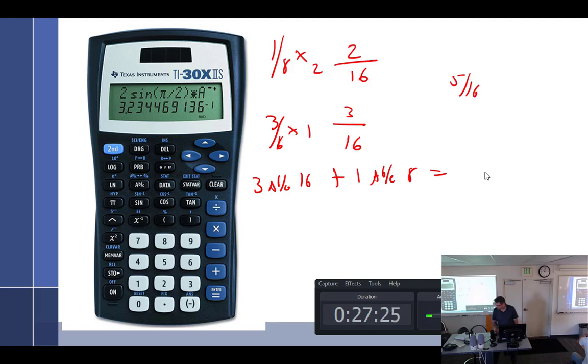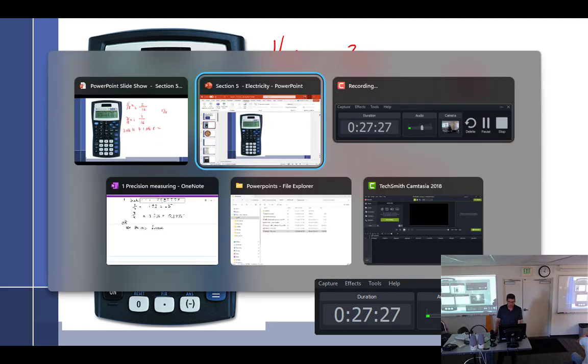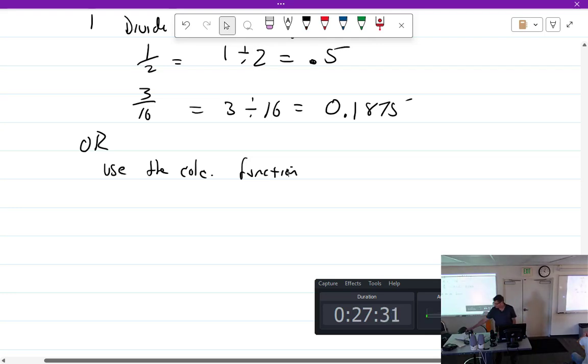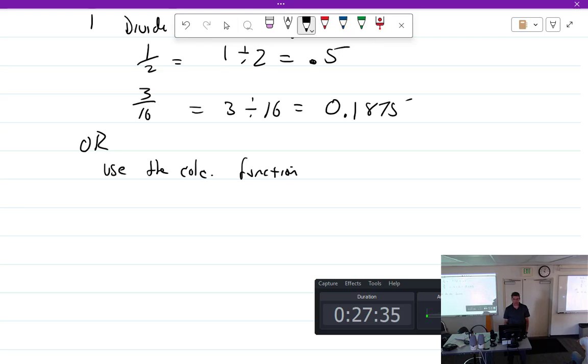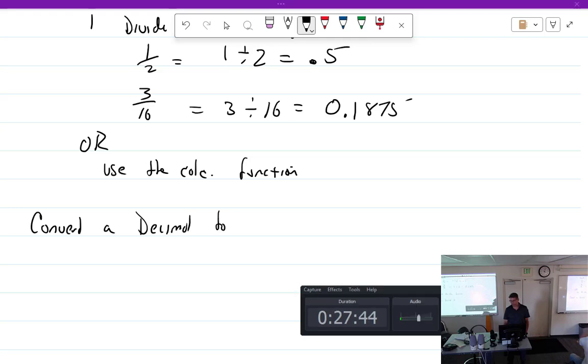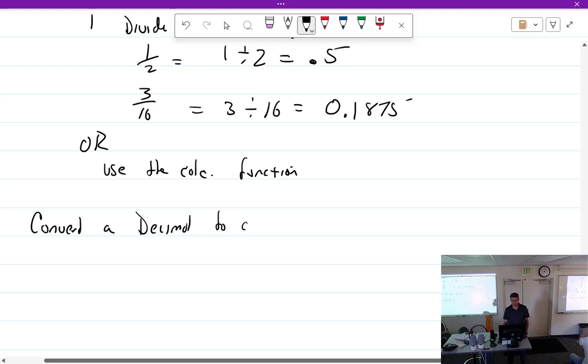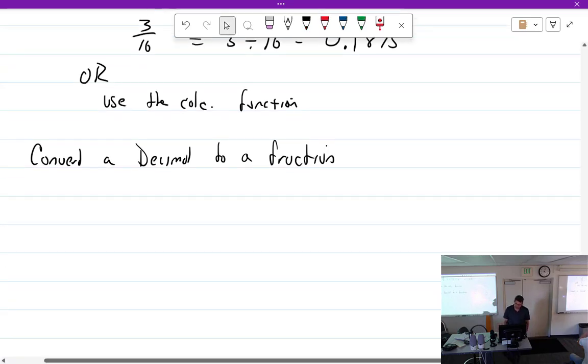All right. This one's a little trickier in a way. If we want to convert a decimal to a fraction, in some ways it's exactly the same as we just did.